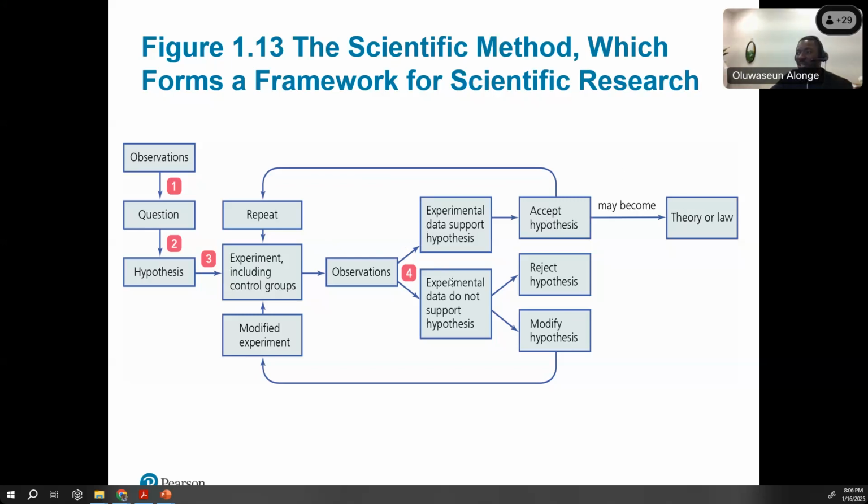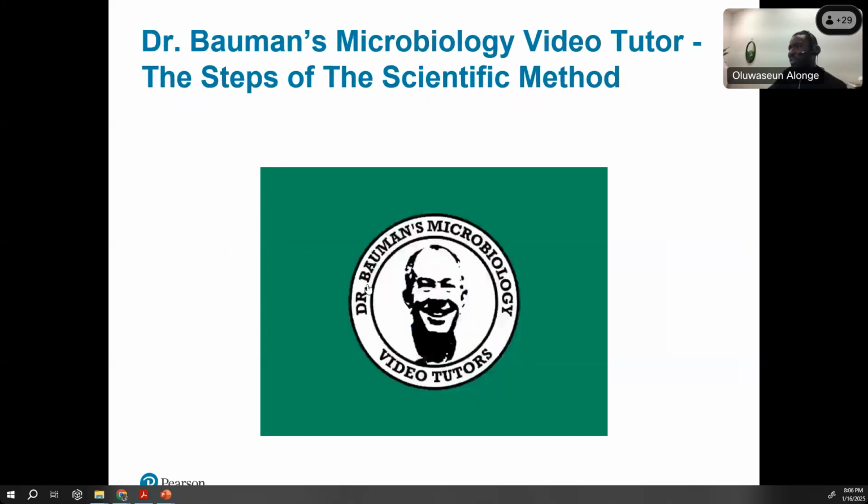If your experiment does not work, then you reject the hypothesis or possibly modify it, and then you do the experiment again based on the modified hypothesis. All right, so that's the process of scientific research. This just talks about the scientific method. You can watch it on your own anytime.